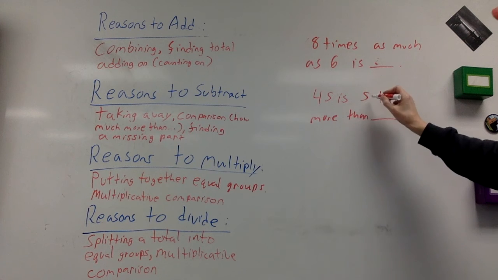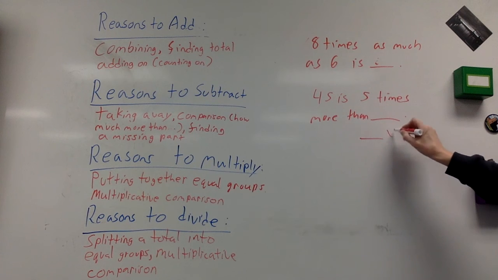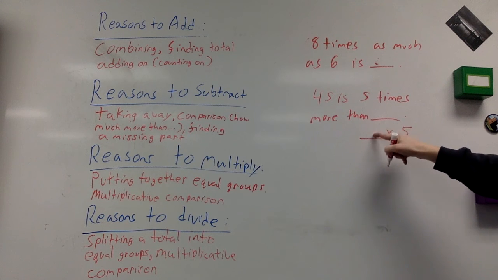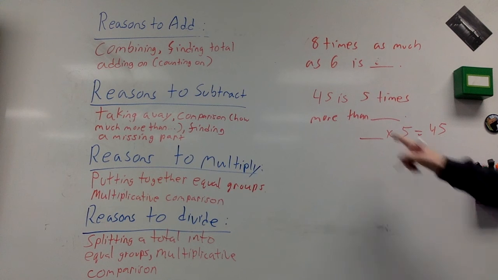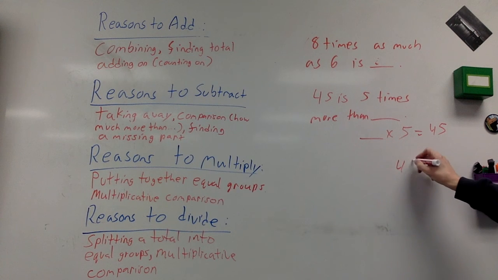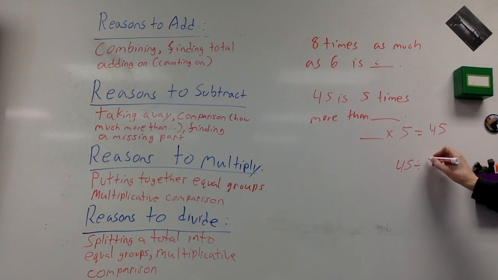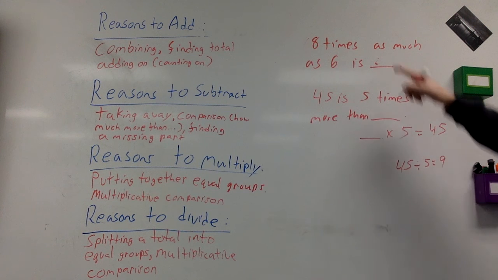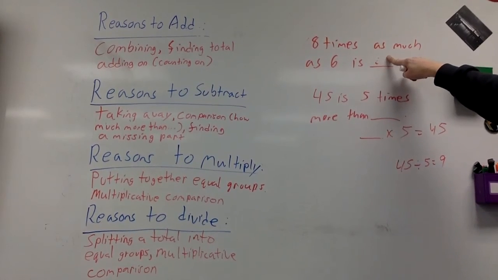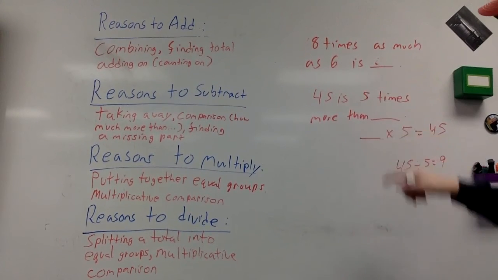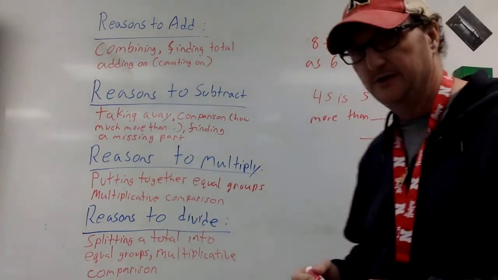That means if you want to find 5 times more than a number, you multiply it by 5, right? So whatever this number is, when you multiply it by 5, you get 45. So you got this missing number. When you're going to find that missing number, you got to divide by 5. So you see the difference here, all right? These are both multiplicative comparison, but one of them you need to do multiplication. The other one you need to do division, all right?